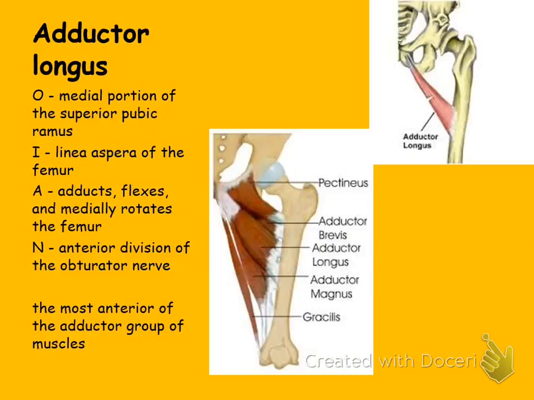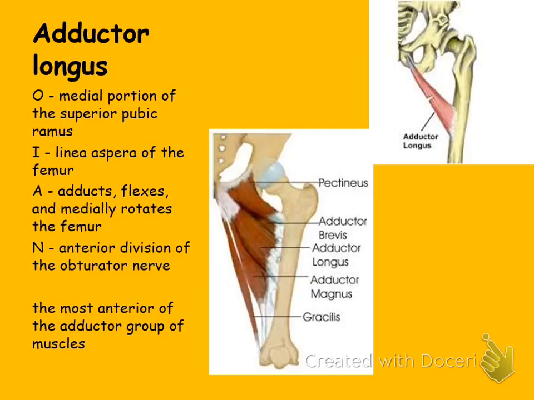Adductor longus. If you have a longus, we probably have a short one, right? Adductor longus originates on the medial portion of the superior pubic ramus, pubic bone, and it goes all the way down, and it adducts and inserts then on the linea aspera of the femur, clear down towards the adductor tubercle, right above the condyles of the femur.